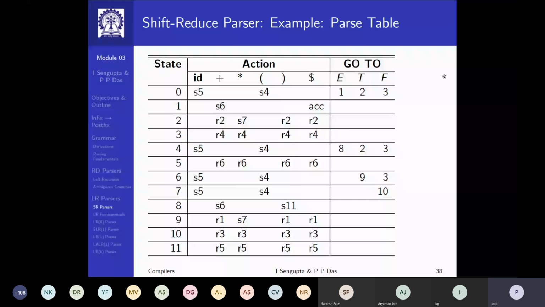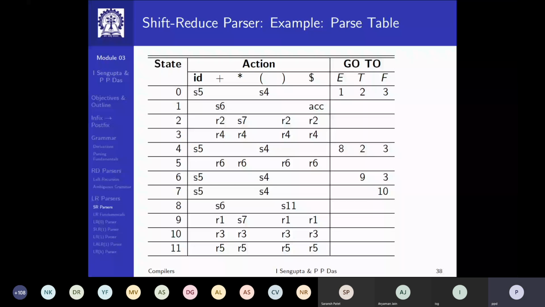As we take out the right-hand side of the production rule, we will expose some earlier state, and based on that earlier state and the symbol that you have put in, we'll have to decide on the next state. It will become clear when I show you the working of an example.